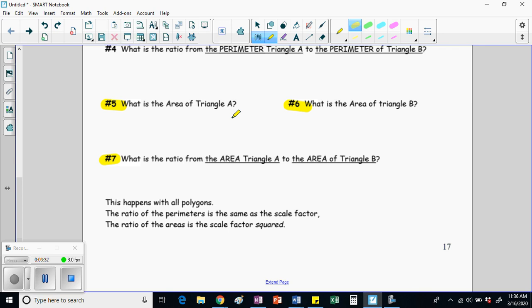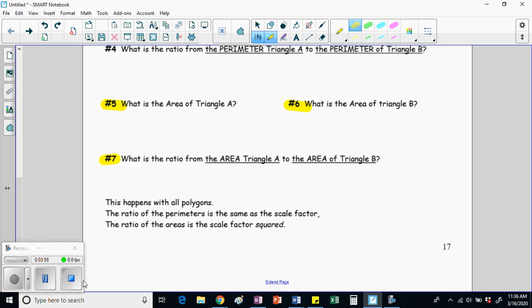The first one, half of 5 times 12, and the second one, half of 15 times 36. But when you compare the areas, you're not going to get the same results as you got in problems 1 and 4. You're going to get a different number, but it does make sense as to why you get a larger number. Your number is going to be not simply a ratio of 1 to 3, but 1 to 9. Our scale factor got a lot bigger.